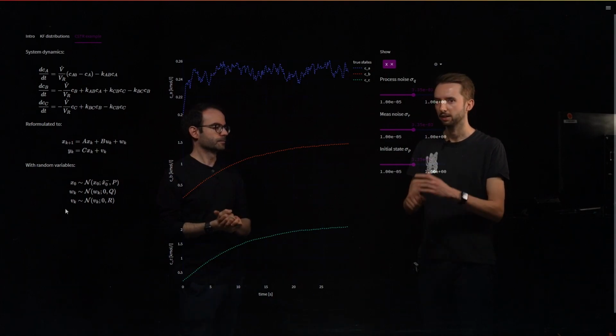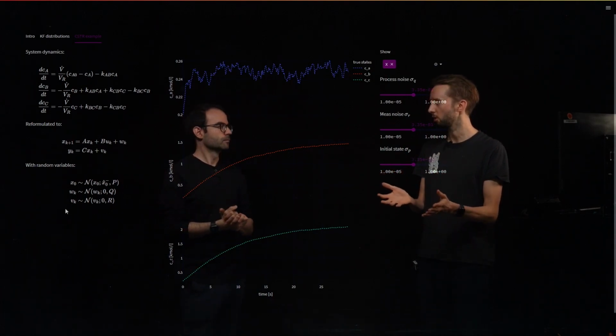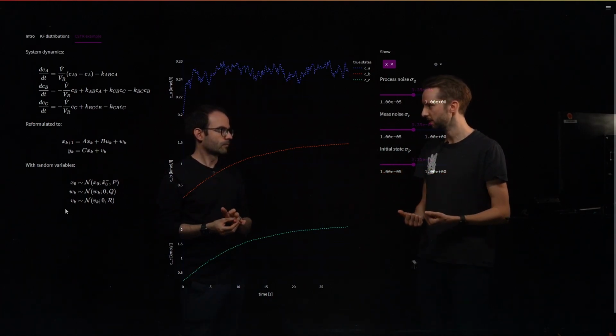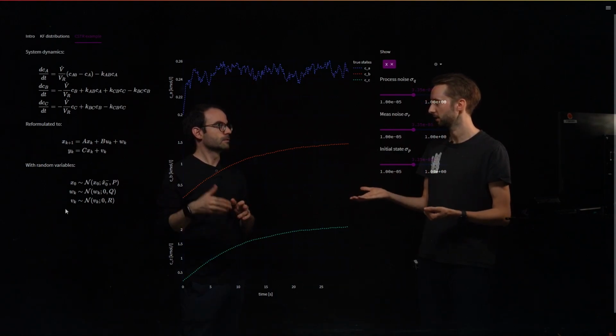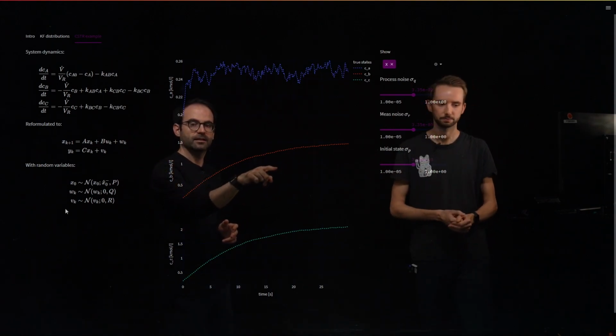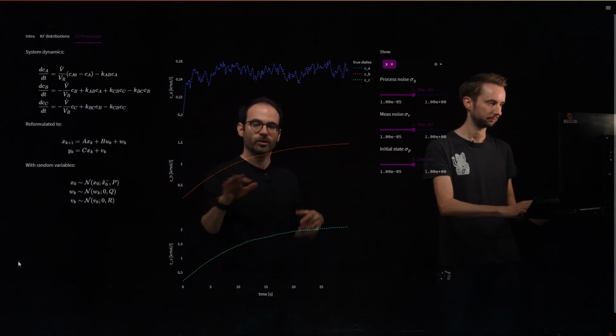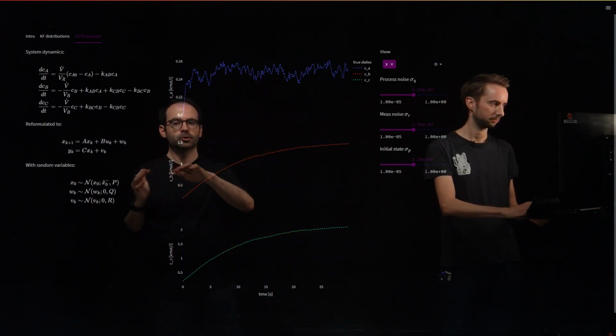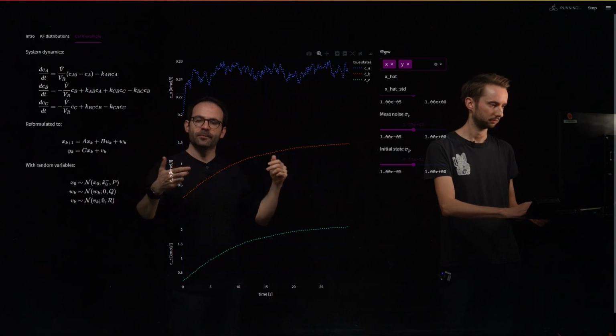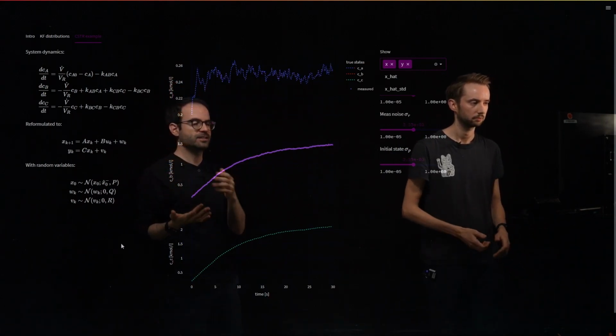These we don't know, so we only measure something, and that something is in this case CB. This is what we are going to measure, and based on these measurements, our goal with state estimation is to be able to reconstruct the states at any point in time.